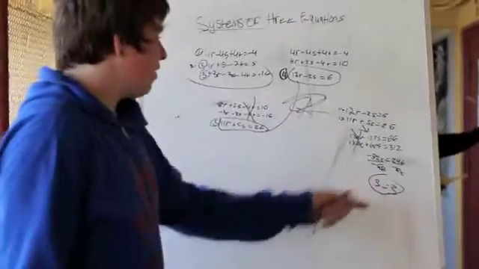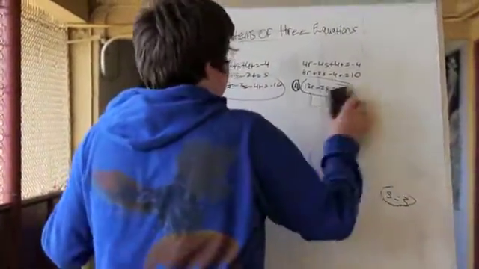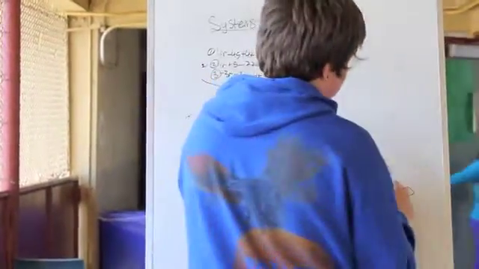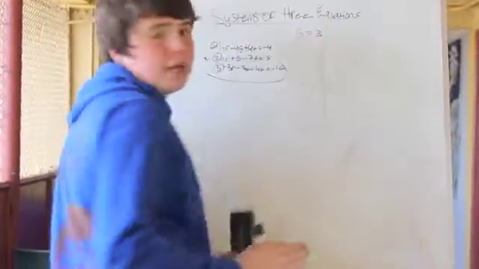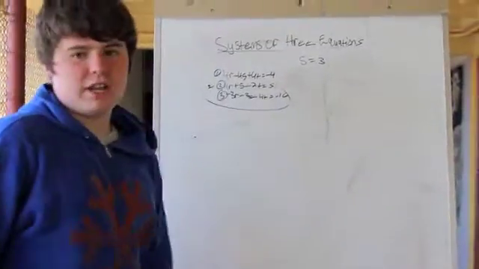Now that we know that s equals 3, we can erase all this and just put up here, s equals 3, because you need to remember that for the rest of the problem. Now we're going to try and get r.